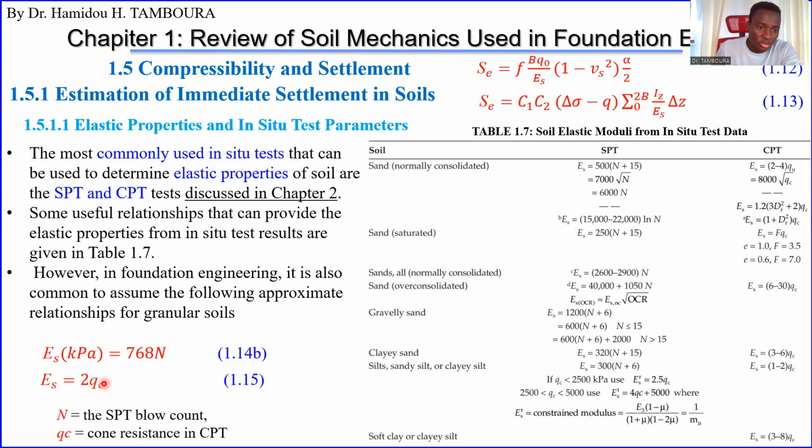So if you have your CPT cone resistance value, multiply by 2, and you obtain the elastic modulus. Okay. So this, once again, is for granular soil or maybe unsaturated clay. Okay, please don't forget, mainly for this.